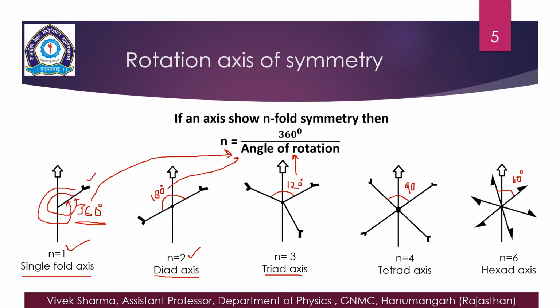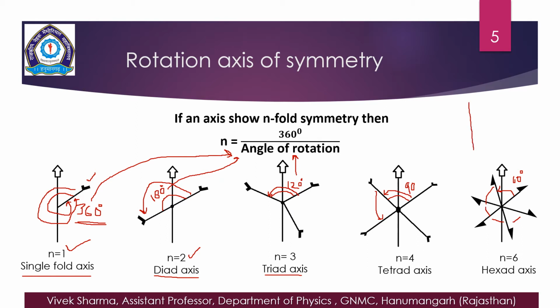But for a 180-degree rotation, there is some other similar identical lattice point already existing. For 120 degrees, there exists a lattice point already at the 120-degree angle. Again, in the case of 90, after every 90-degree rotation, there is a similar lattice point. Similarly in the case of 60 degrees, after every 60-degree rotation, we get a similar lattice point.